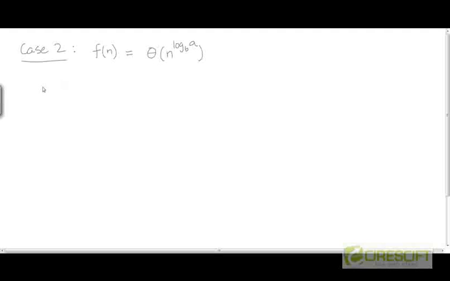Let's just go with this way. From the definition of theta notation, this implies that there exist two positive constants, c1 and c2, such that for large enough n, f of n can be sandwiched between two constant multiples of n to the power log a base b.